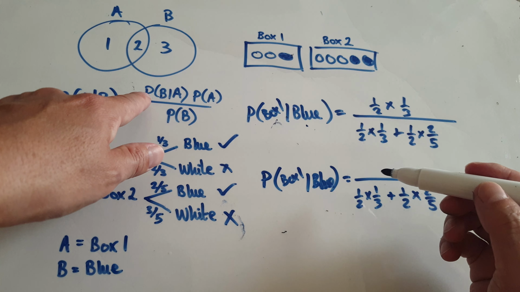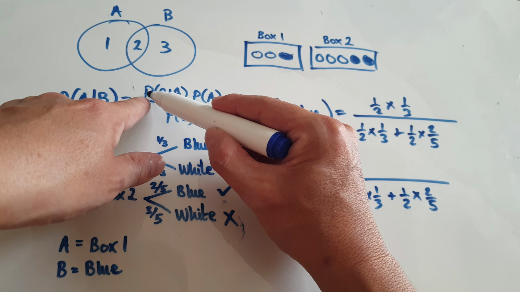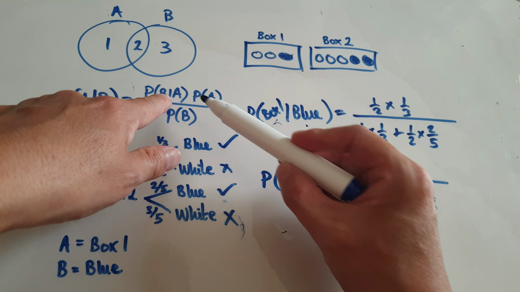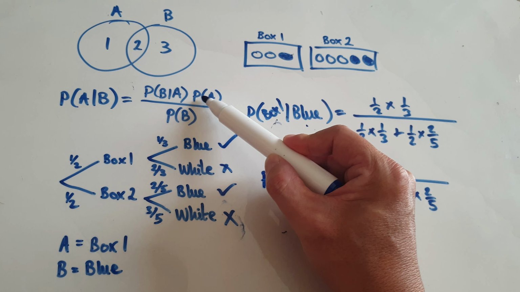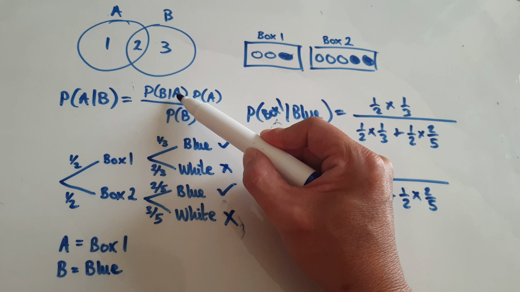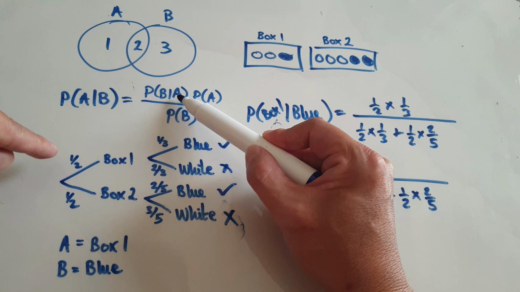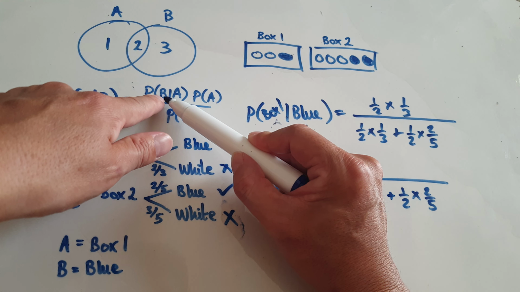Now we need to read what this means. This P of B given A. So given A, meaning just looking at this box, ignoring this thing here, given A has occurred, meaning you've just picked box 1. Given A, what's the probability of B?